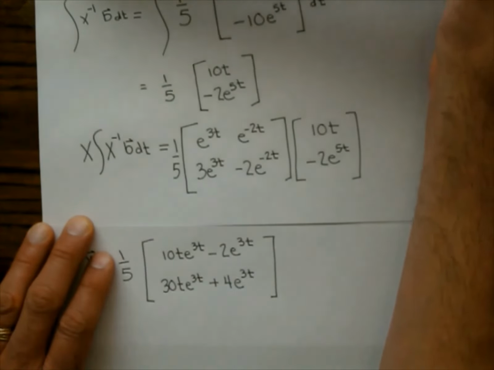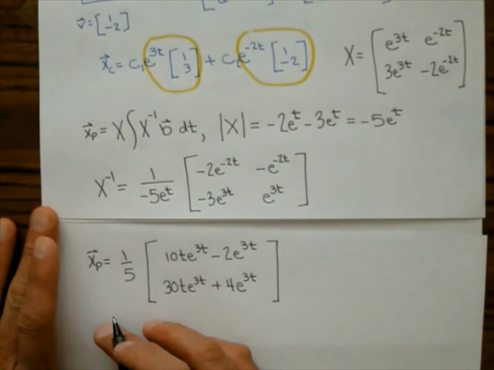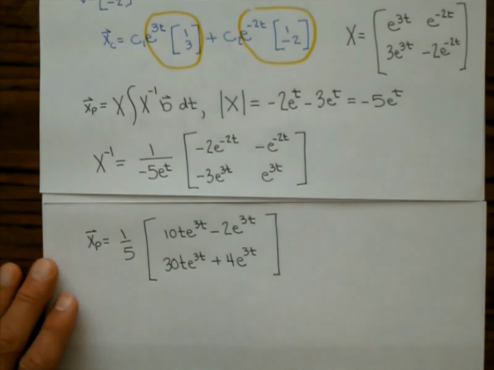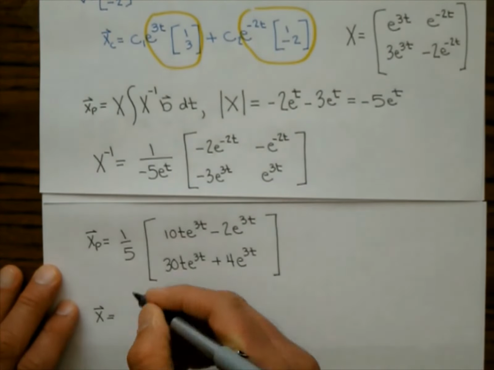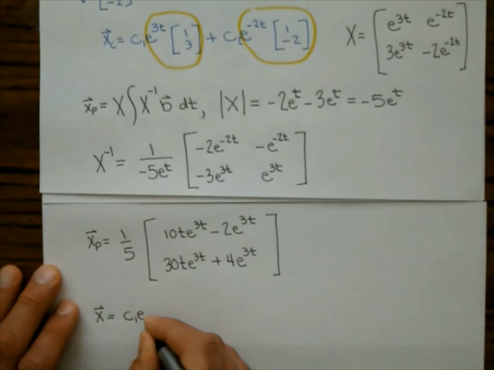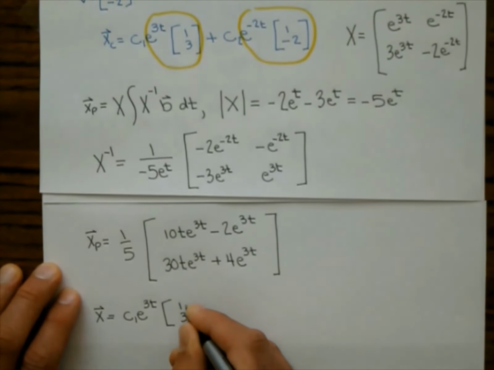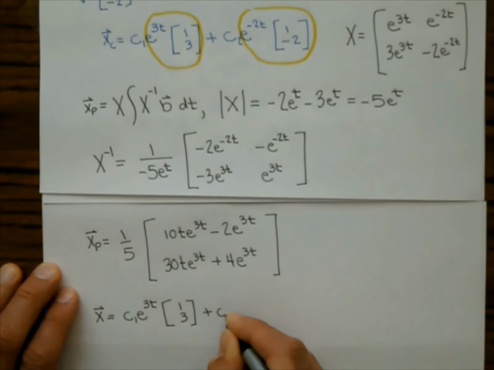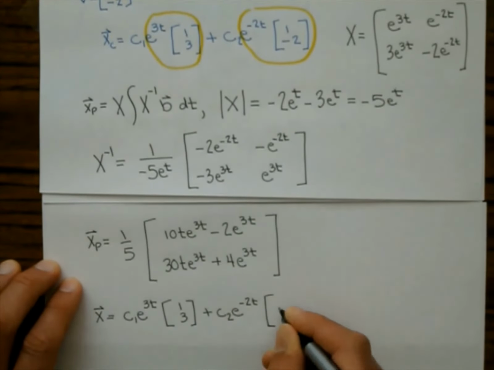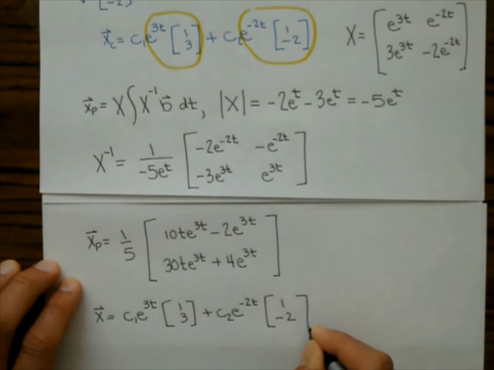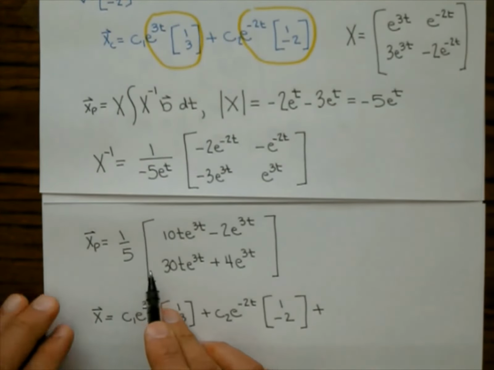I've got to go find xc. Here's xc right here, and here's xp. So let me go ahead and write the final answer down for the general solution. General solution is this guy right here, c1 e to the 3t times the vector 1, 3, plus c2 e to the negative 2t times the vector 1, negative 2, plus, do I want to bring the 1/5 in?